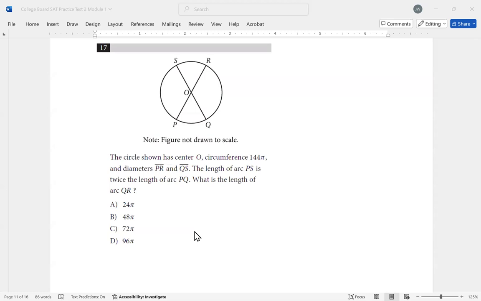What is the length of arc QR? Now, in this case, it said the length of arc PS is twice the length of arc PQ. So PS is going to have arc length of twice whatever the arc length of PQ is.